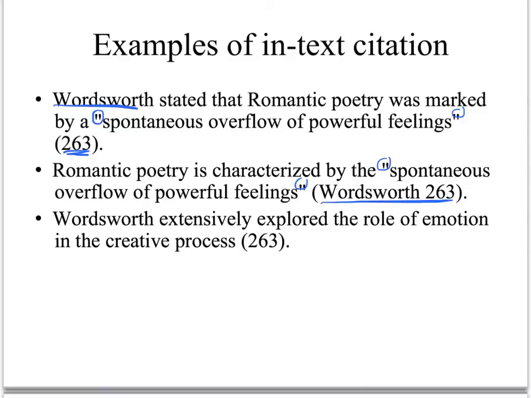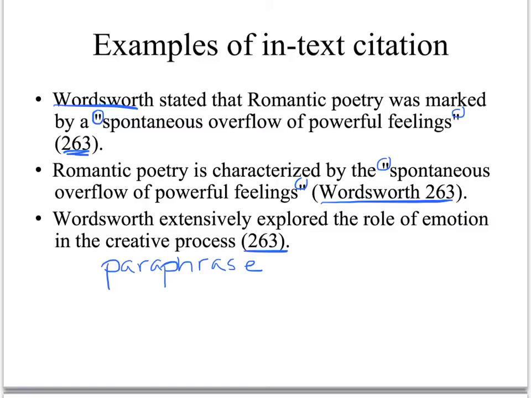And then, Wordsworth extensively explored the role of emotion in the creative process. This is what's called a paraphrase, and again, with the page citation. The paraphrase is talking about what Wordsworth said, but not using his own words.